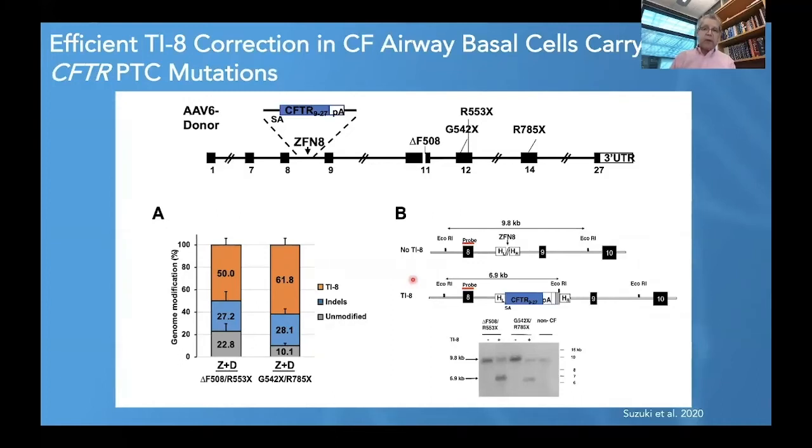We were, as I mentioned initially, primarily interested in applying this now to genotypes which are not susceptible to modulation. So for example, in this line here, which is a stop-stop, we see 62% of targeting. We confirm that again by Southern blotting.